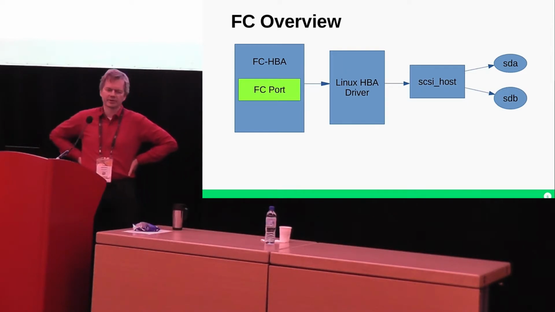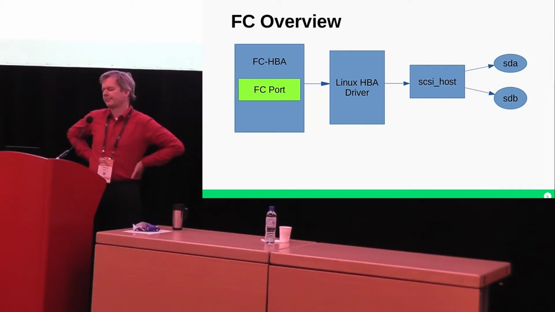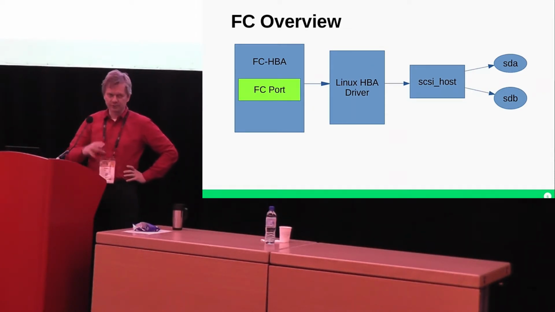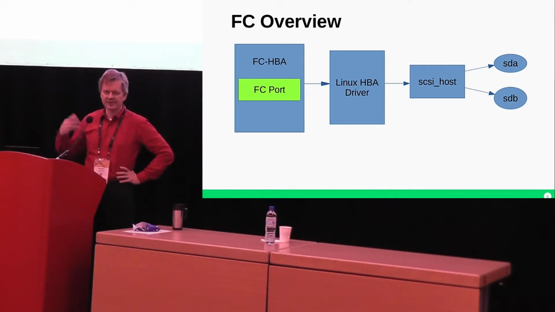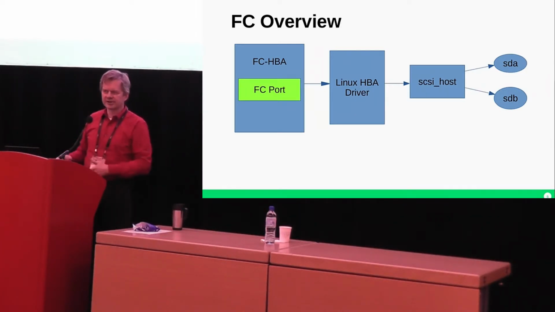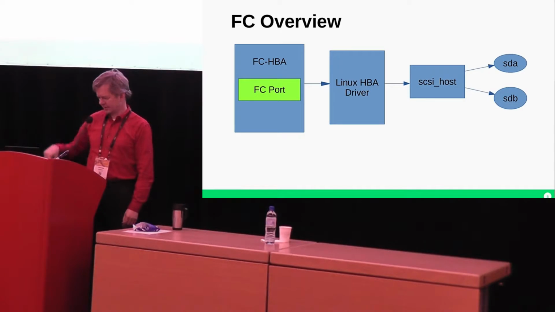Here is a very short overview of how things look from the Linux point of view. We have the FibreChannel HBAs and the FibreChannel port, which is the physical port connecting to the SAN. Then there's the HBA driver, which typically is a driver for a PCI device. This then generates an internal structure called SCSI host, which then provides all the SCSI devices, like here, outlined as SDA and SDB.